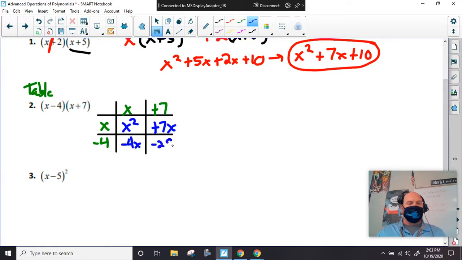And this is minus 28. Some students really like this method because it really helps them organize things. It takes about as much time to set it up as it does the other one. And remember, I'm not really big on how long it takes you to do the problem, as long as you pick the method that works and you understand it.